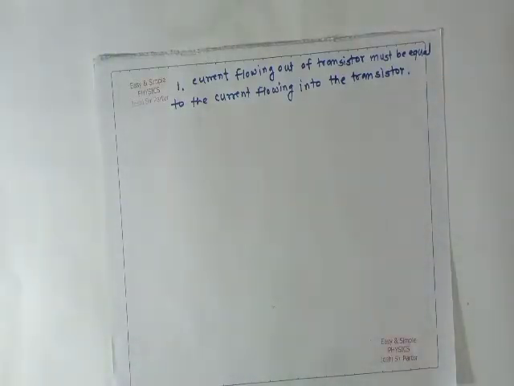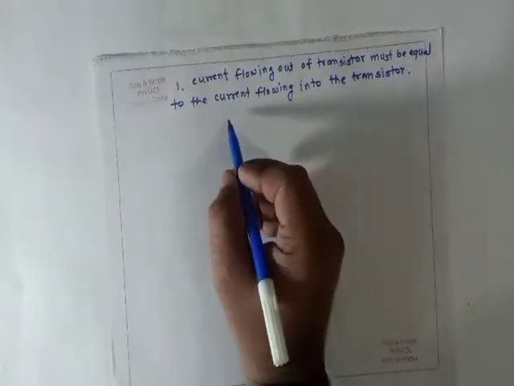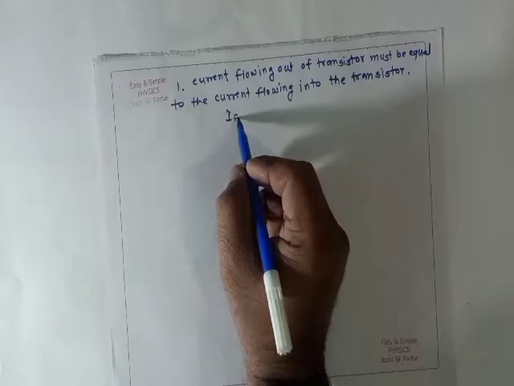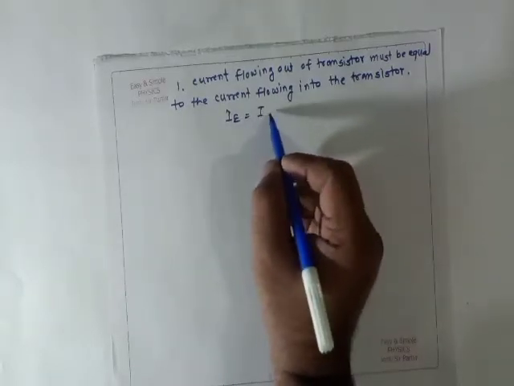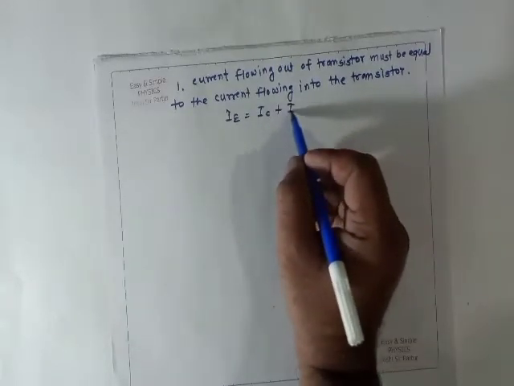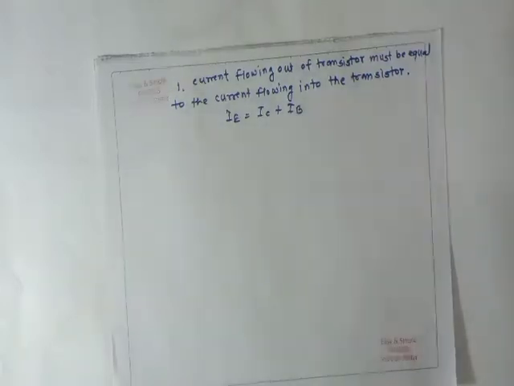Means the current flowing out of the transistor is equal to the current flowing into the transistor. So the total current in the emitter, or emitter current, is the summation of collector current and base current.